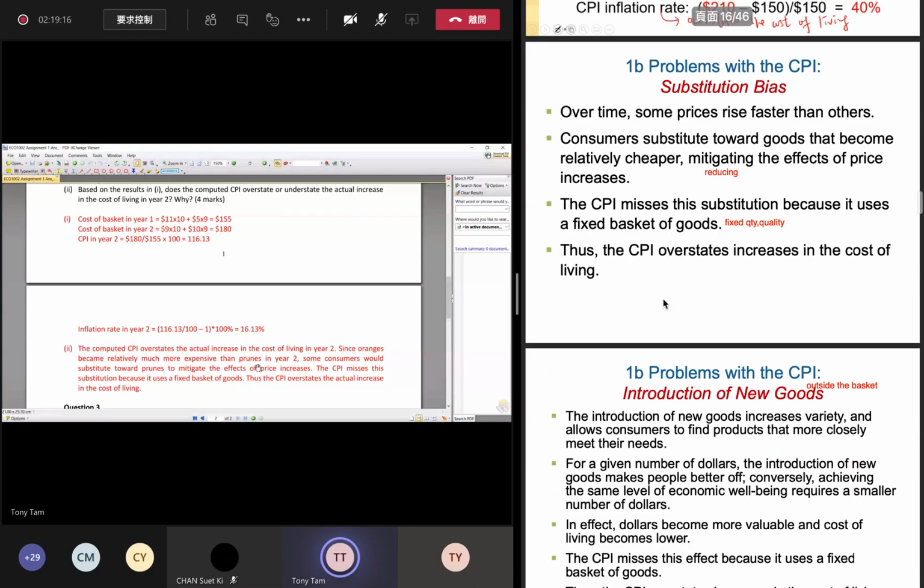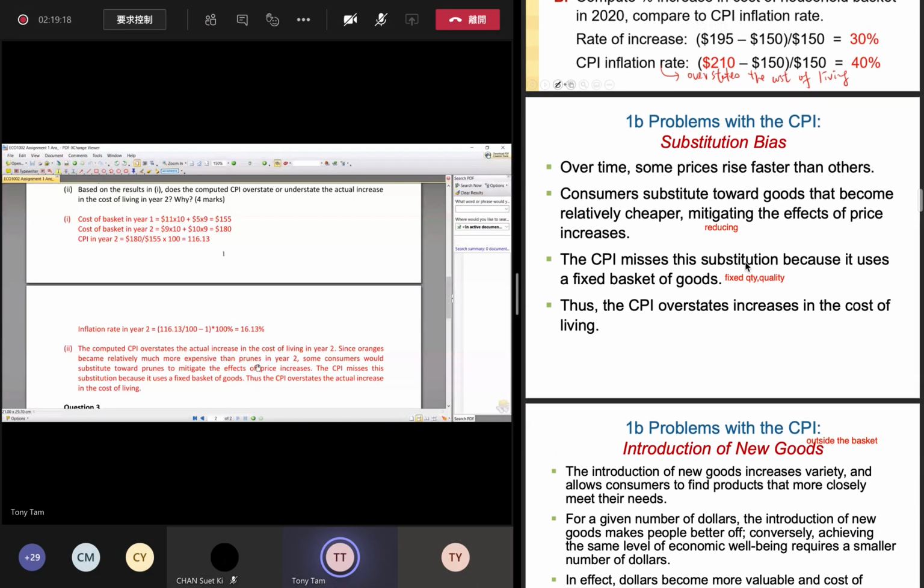Right? So you have to write it down here, and then you will score the marks. So it misses this substitution because it used the fixed basket. Okay, any questions? So the example will count as 1 mark.